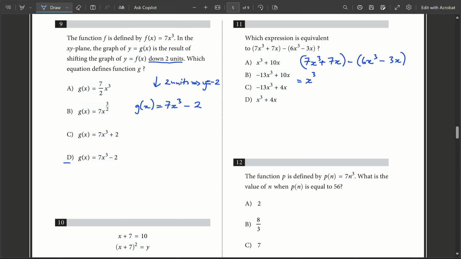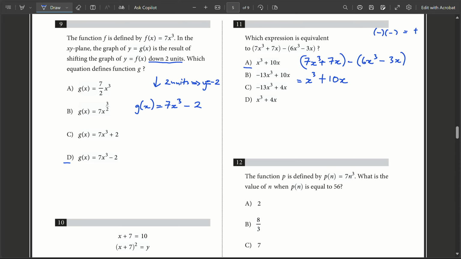So we have x cubed plus 10x, because 7x minus 3x is the same as 7x plus 3x, since 2 minus signs give us a positive. Hmm, so we remain with x cubed plus 10x, and that is A.